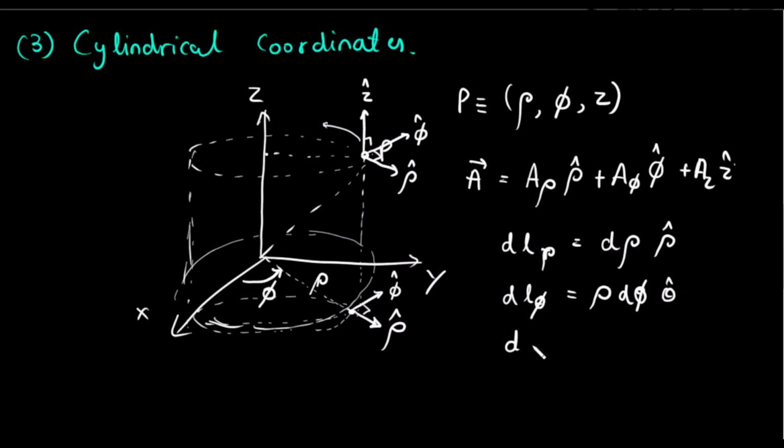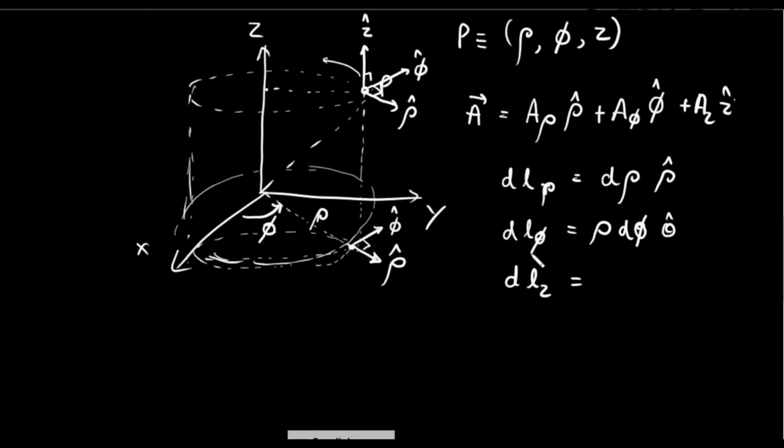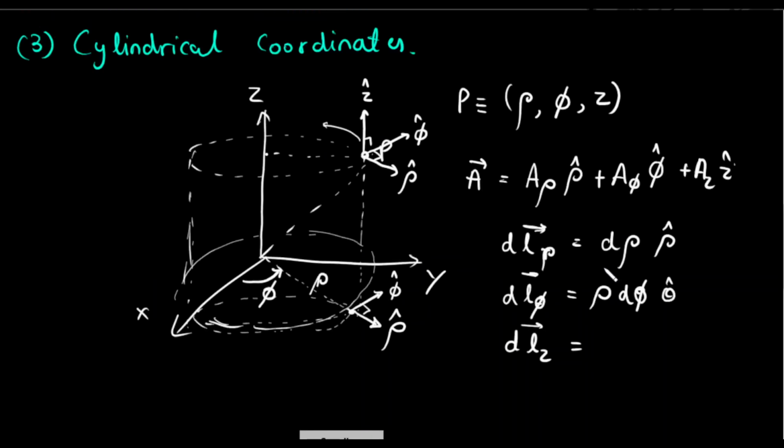So that means we have to find the dLz component. dLz component is going to be, so these are vectors actually, my displacement along z. So if any height is changed, that means the z component will be changed. If this object moves in the upward direction, that means only the z axis will be changed.